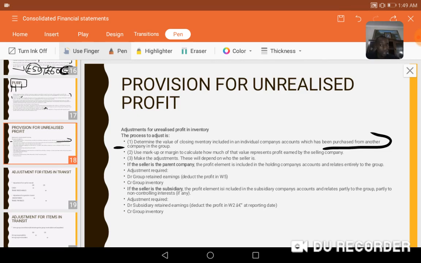We are cancelling it because it will be appearing under the inventories of the subsidiary. Because inventory by nature is an asset, it has a debit entry. By crediting it, it means you are cancelling. Okay? So we'll be removing that transaction. Alright.